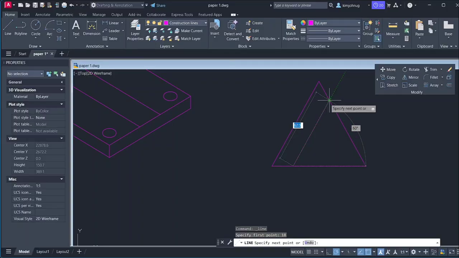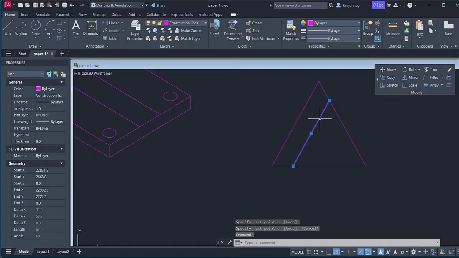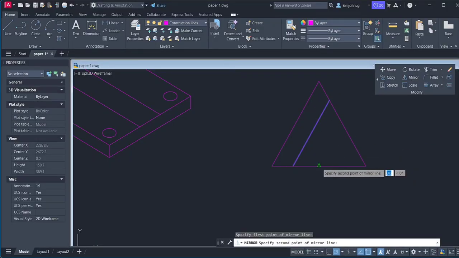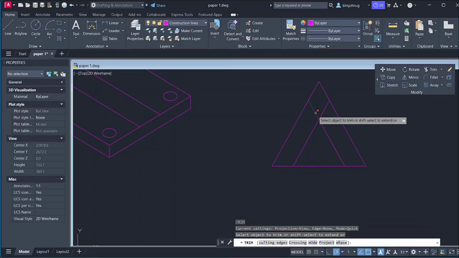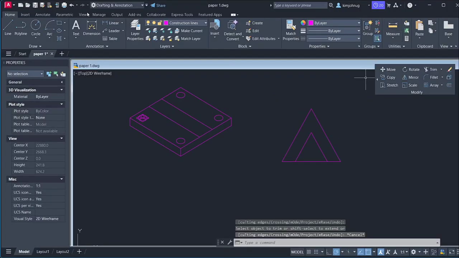I'm going to mirror it this side, mirror on the vertical. Okay, so I need a trim. Of course these angles will be parallel. So this is the distance I need actually.